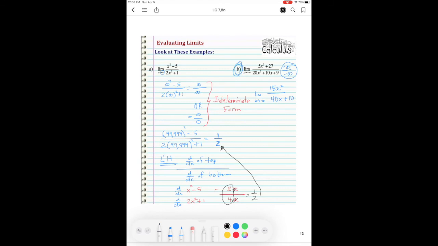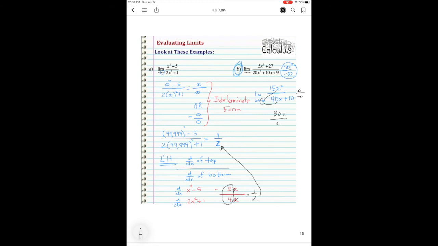Because watch, if we take this and plug it in there and there, we're back to that same scenario of infinity over negative infinity. All right, so we need to do L'Hopital one more step.